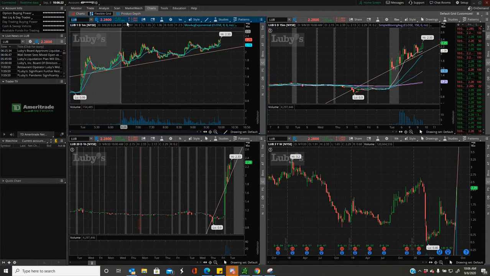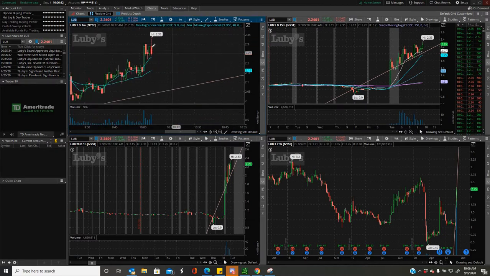So right now, you can see we have all these tabs up above: charts, tools, education, scan, analyze, trade, monitor, right? So we're in charts. I've got mine set up so that I can see 4 different charts here, right? You've got your 1 day with 1 minute candles, right? Each of these candles is 1 minute.